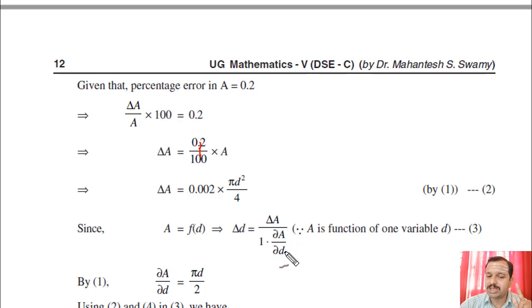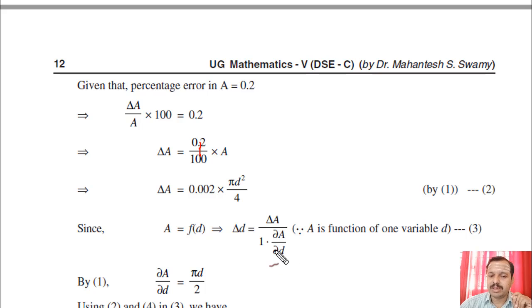Here x1 is d, capital X is A. Therefore delta d is nothing but delta A divided by n, here n is 1 because the number of independent variables is 1, into the partial derivative of the function with respect to the independent variable d.